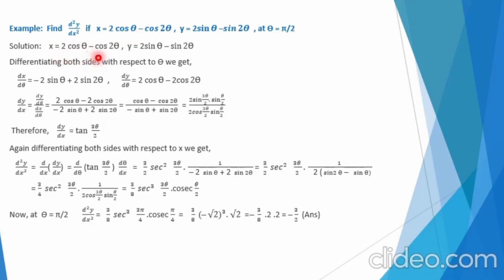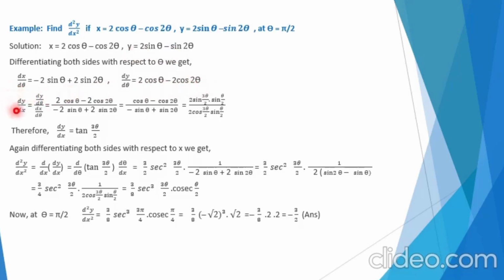Here x is a function of theta and y is also a function of theta. First of all, we differentiate x and y with respect to theta. Therefore dx d theta equals minus 2 sin theta plus 2 sin 2 theta, and the derivative of y with respect to theta is 2 cos theta minus 2 cos 2 theta.